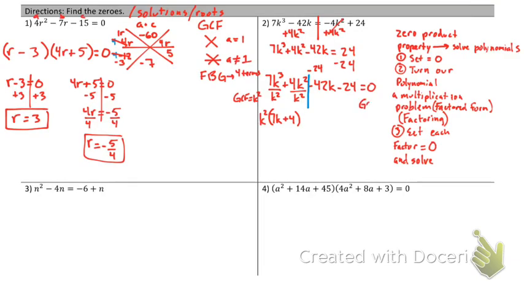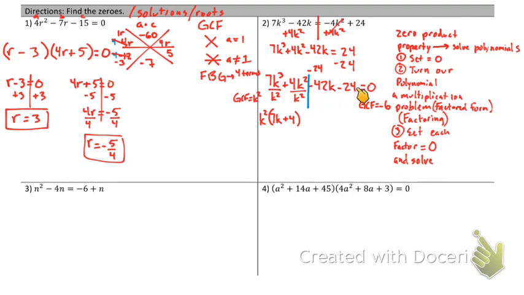Let's go GCF equals, so what number can divide 42 and 24? Okay, and that number is actually 6. But here's the kicker. I've told you, if you have a negative in front when you're doing this, we want our GCF to be negative. So it's going to be negative 6. That's the biggest number that divides both of these. Okay.